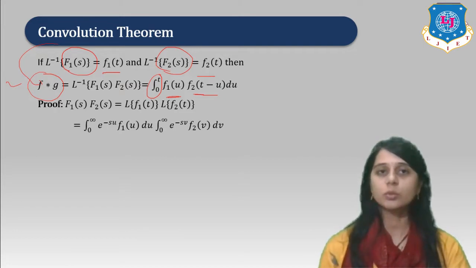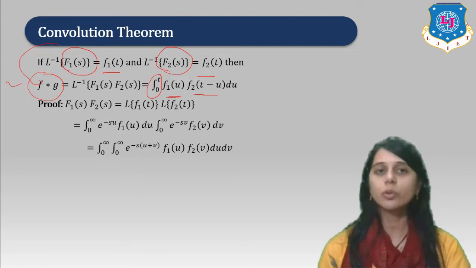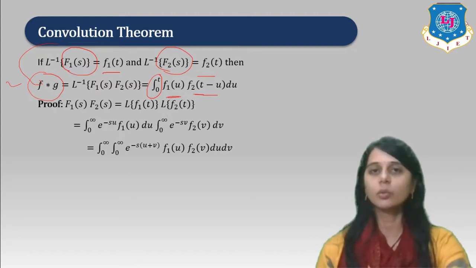The integration from 0 to infinity of e raised to minus su f1(u) du, times the integration from 0 to infinity of e raised to minus sv f2(v) dv. We are taking 0 to infinity, e raised to minus s(u plus v) f1(u) f2(v) du dv.